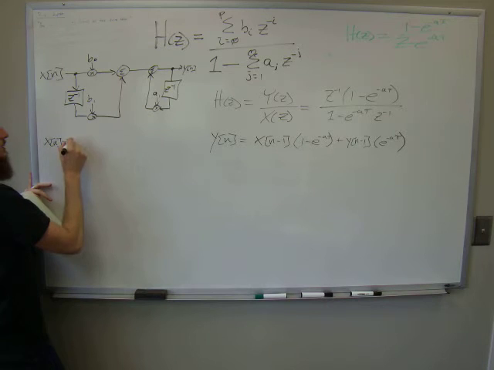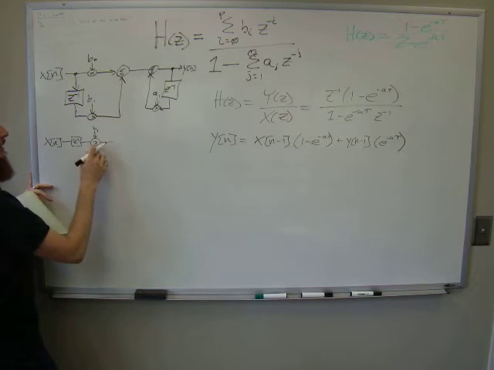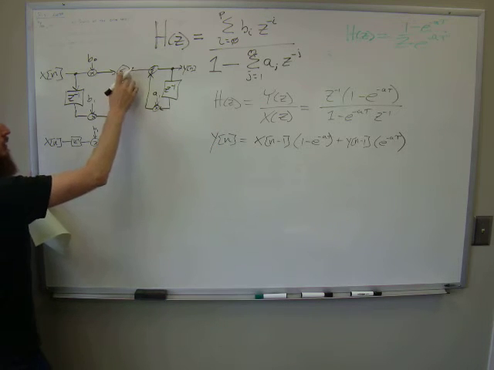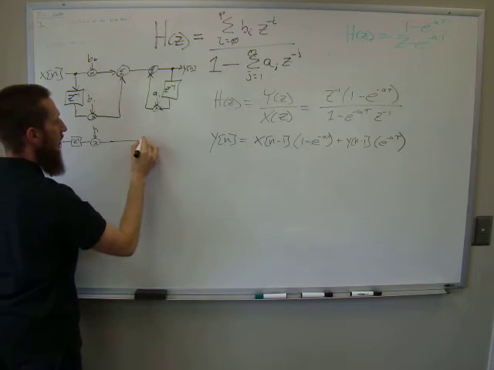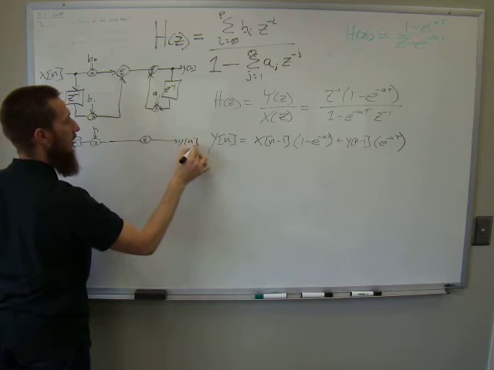It now goes to this z minus 1 block. And this z minus 1 block gets multiplied by the b of 1, and then for this particular example, there's no longer a summer. And it goes to the other side, the summation, and out as y of n.